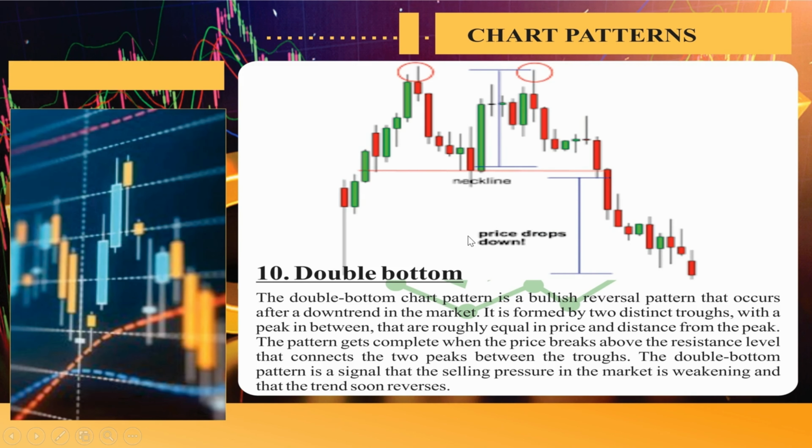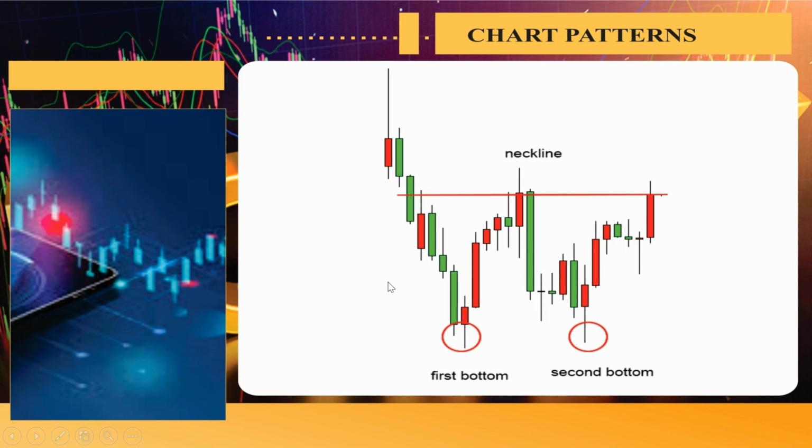For example, this is in the form of an M, and we can see these two tops are almost equal. So it symbolizes that the market is resisting from a zone and is about to collapse downward. While double bottom is the opposite, you can see these two points are almost at the same level, which means the market is supporting it to push it higher.